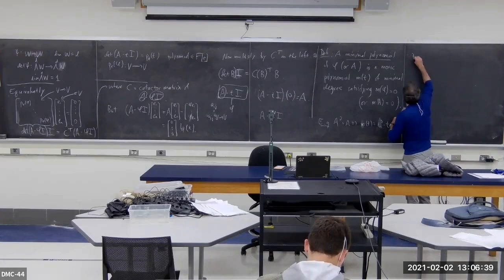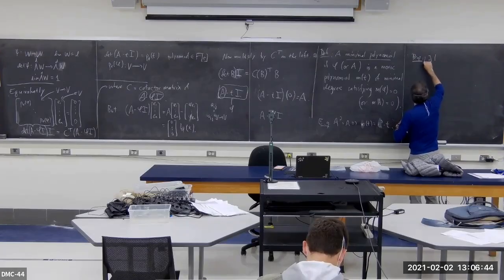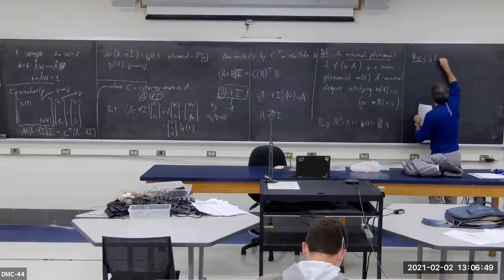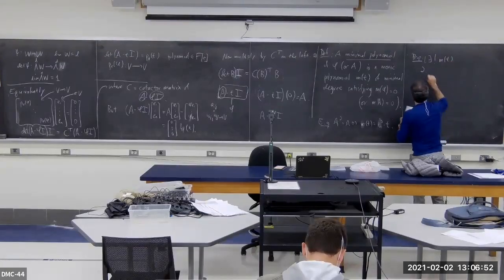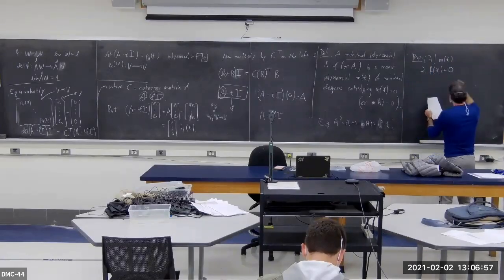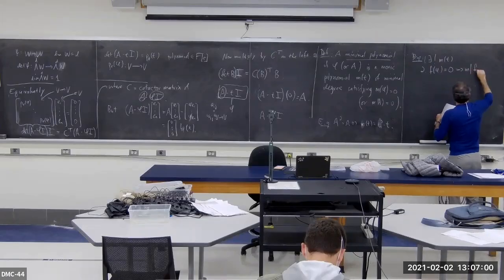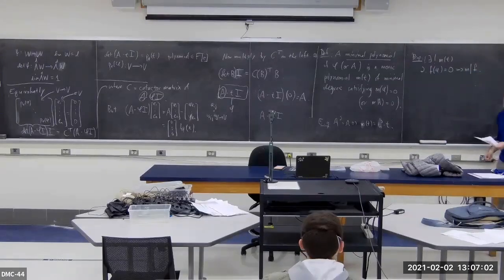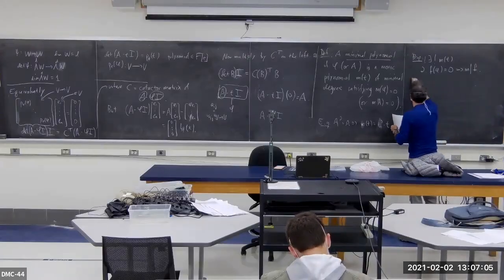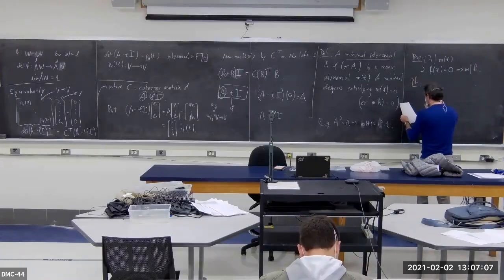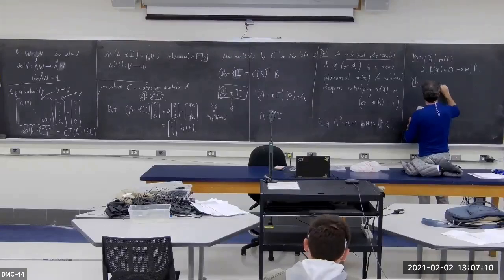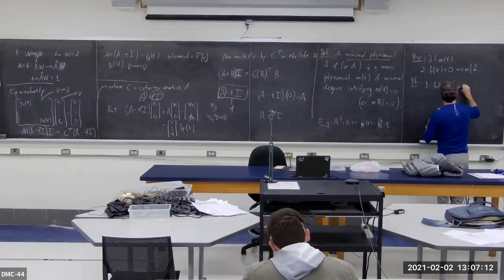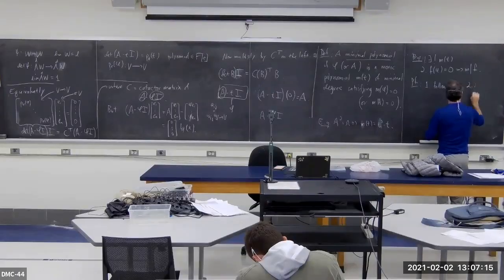So, proposition. One, there exists a unique minimal polynomial. Two, if f of phi is 0, then m divides f. Proof: I claim that 1 follows from 2. Why is that?